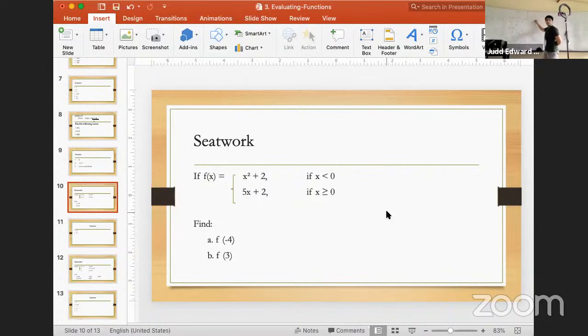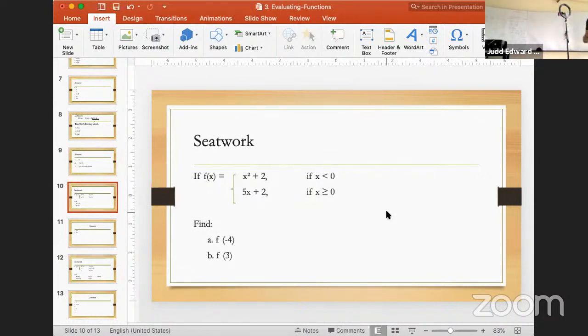It states here that we will be using x squared plus 2 if x is less than 0 and 5x plus 2 if x is greater than or equal to 0. So we're asked to evaluate two problems. That is f of -4 and the next one, that is f of 3.